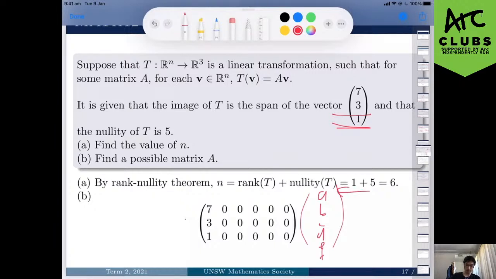If we let a equal 0, then B, C, D, E, F can be literally anything, as long as a is 0. Then this will always map to 0. So our nullity is the size of the vector space such that all of these are 0. There are 5 parameters, so it has dimension 5, which is what we want. The nullity of T is 5.